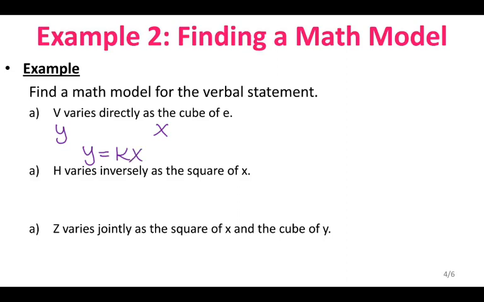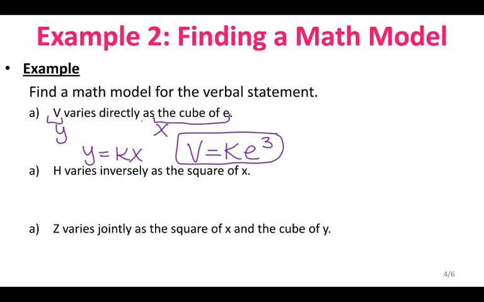So what I'm trying to do is compare these pieces of my sentence to the direct variation. So instead of y, I'm going to put v equals k, and then my x, since it's varying directly to the cube of e, in the spot of x in this equation, I'm going to write the cube of e, also known as e cubed.